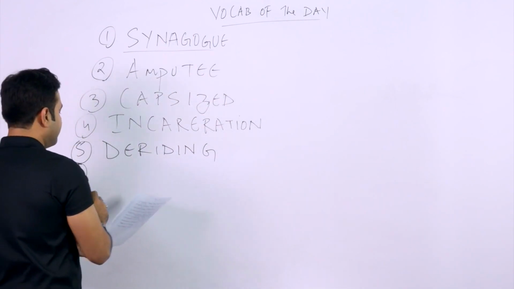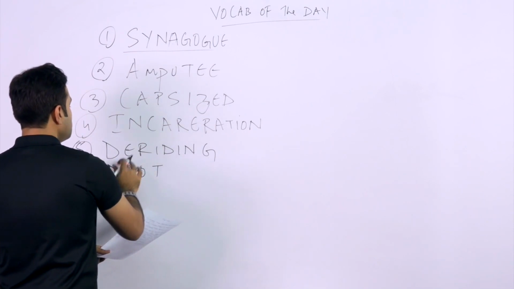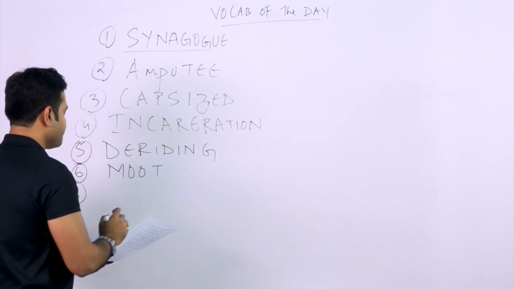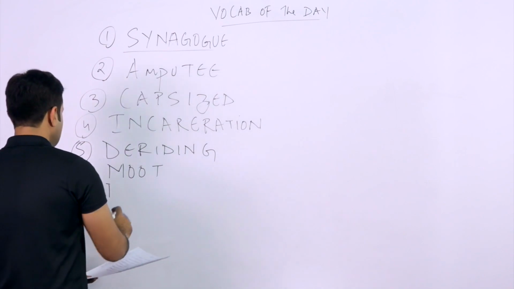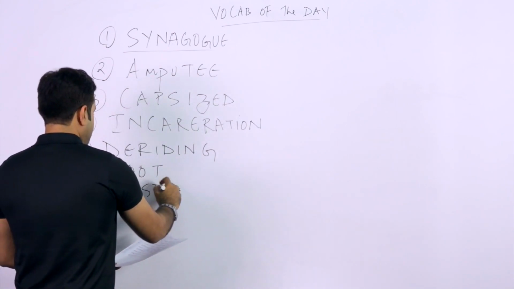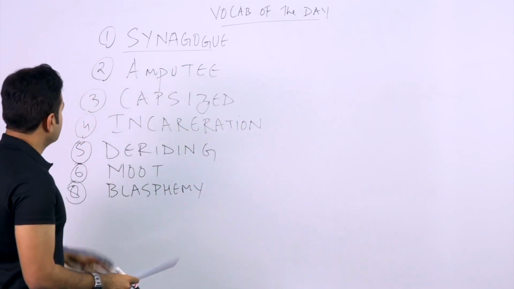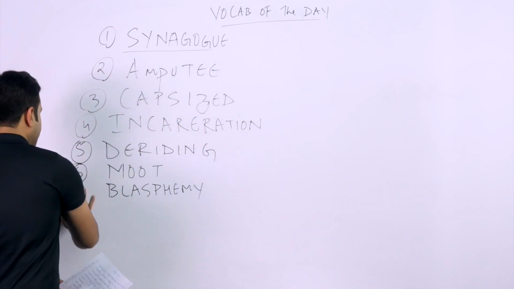The sixth word I have taken is moot, moot. The eighth word I have taken is blasphemy, blasphemy. So 1, 2, 3, 4, 5, 6, and it should be 7, not 8.